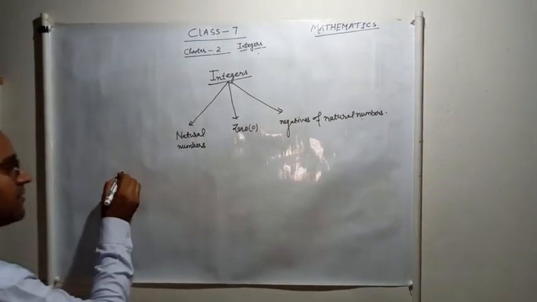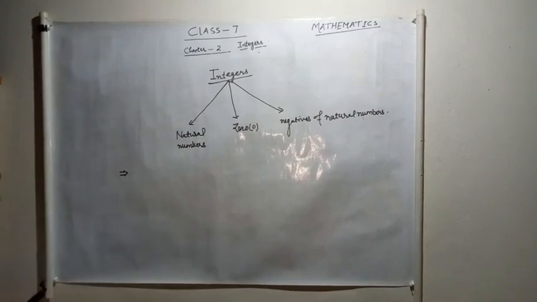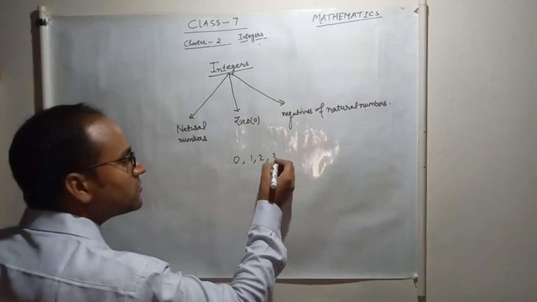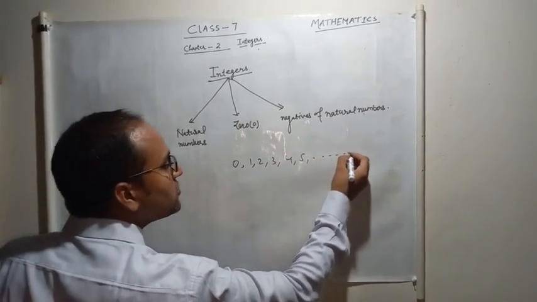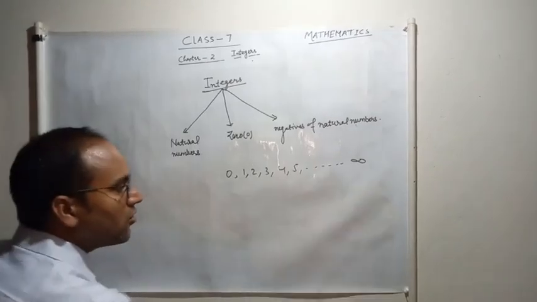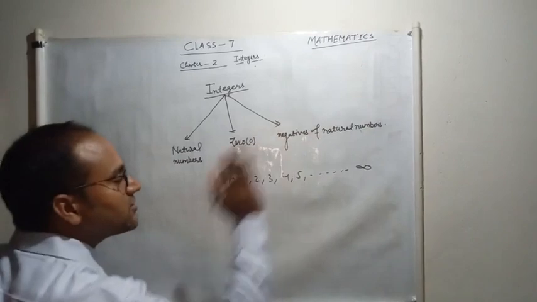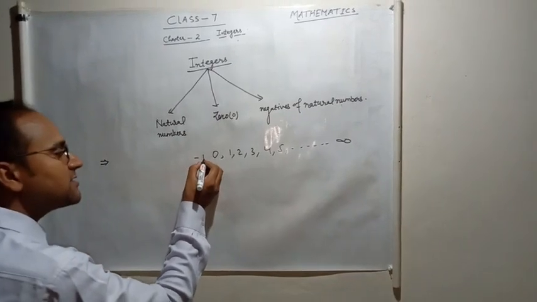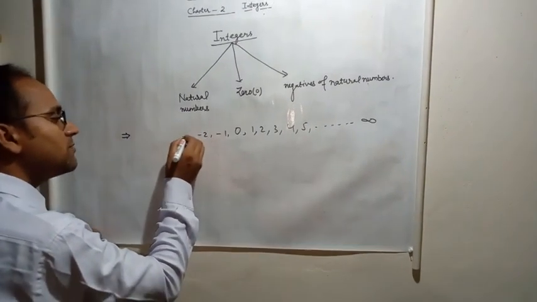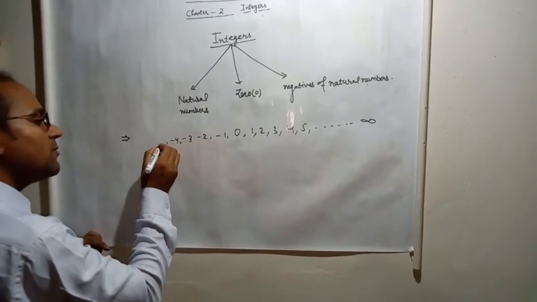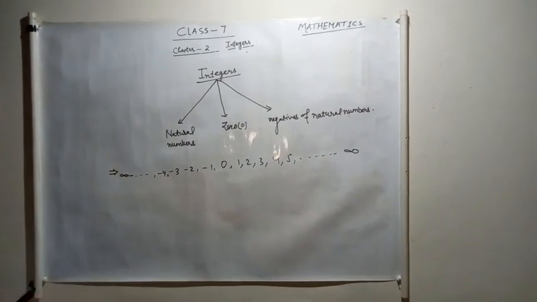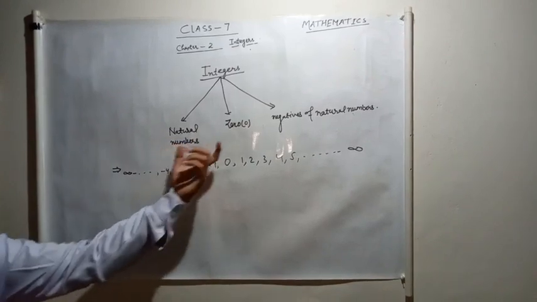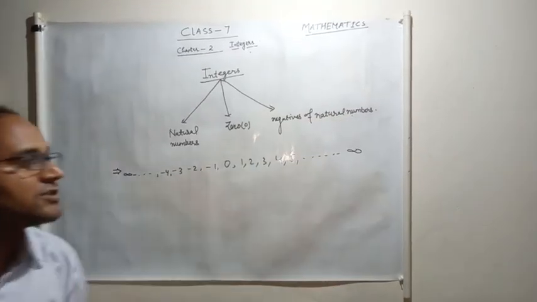In symbolic form, we have 0 and the natural numbers 1, 2, 3, 4, 5 up to infinity, which together are also called whole numbers. And for the negatives of natural numbers, we use a minus sign in front of the natural number: -1, -2, -3, -4, up to -infinity.